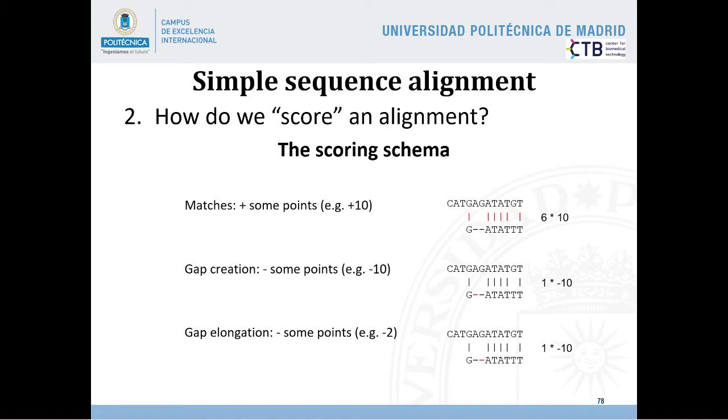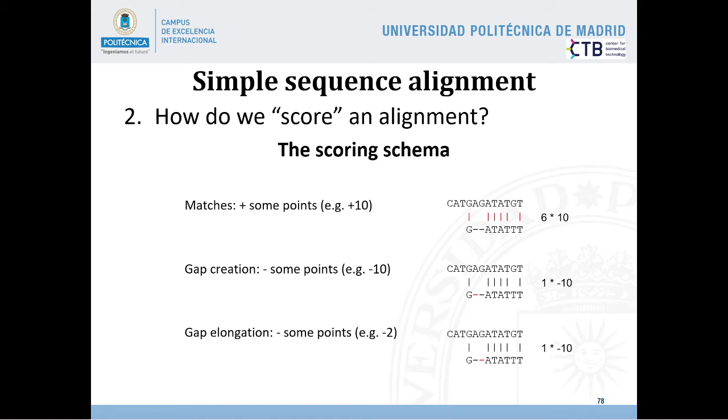Naive scoring systems would be to count the number of matching positions, for example, along a particular number of residues, let's say 100, for example. Usually the scoring systems also take into account the number of gaps, and they penalize the alignment depending on the number and the length of the gaps that are present.